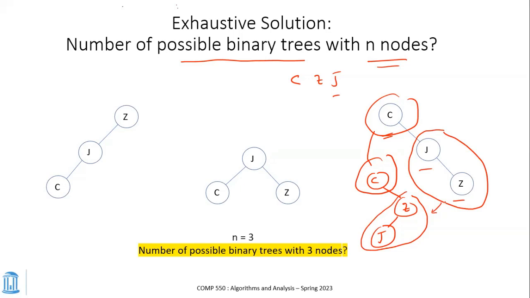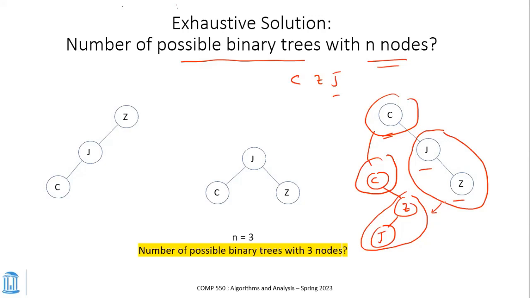Yes. So only the insertion order is different, but that is potentially another binary search tree whose cost has to be evaluated. And it will be different, right? Because the location of Z and J has been reversed. And so the depths have changed, and so the probabilities have to be multiplied by a different depth.